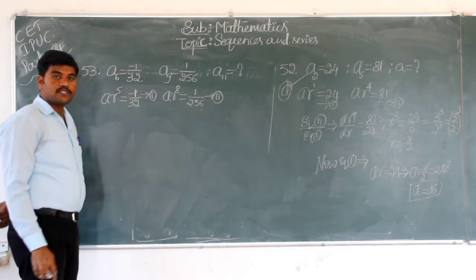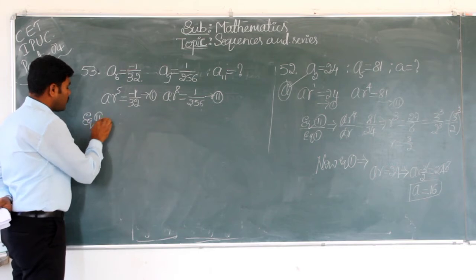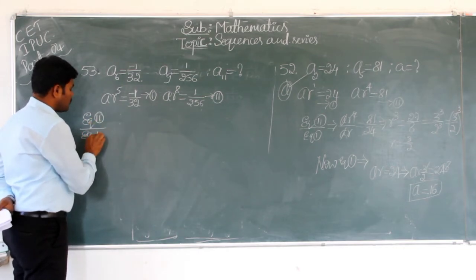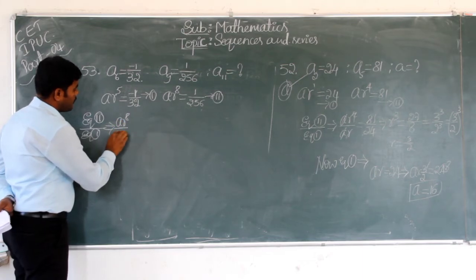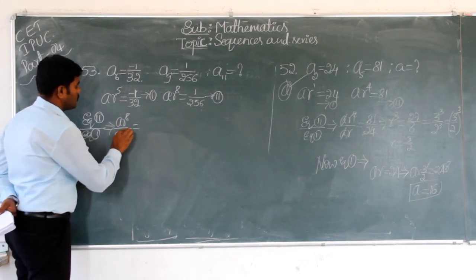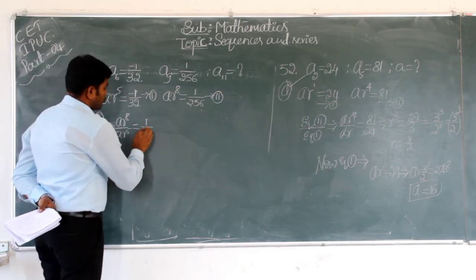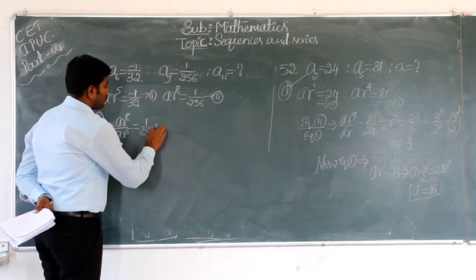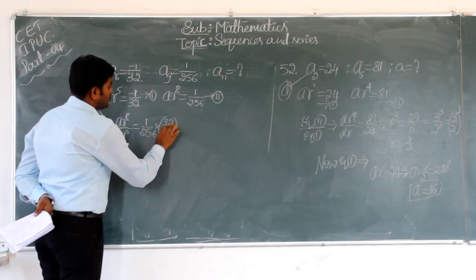Now divide these two equations, equation second upon equation first. So we get A into r to the power of 8 upon A into r to the power of 5 is equal to 1 by 256. Directly I am taking the reciprocal of this, it becomes 32 by minus 1.